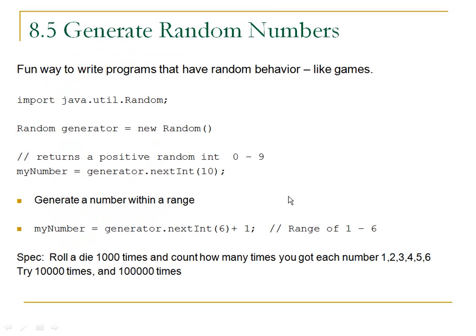So we're going to generate random numbers in Java, and there's a lot of reasons to generate random numbers, but you can write some fun behavior games and so on that allow me to make some more interesting assignments for you, quite frankly. So we're going to import the Java util Random class and make an instance of the random number class and generate numbers and see if it's working.